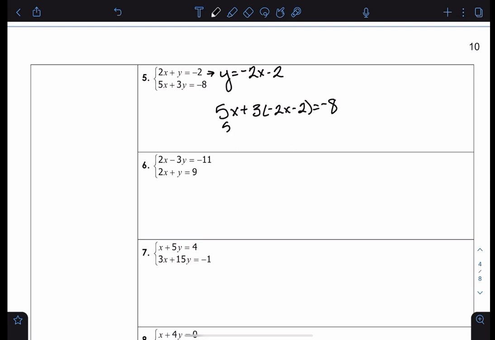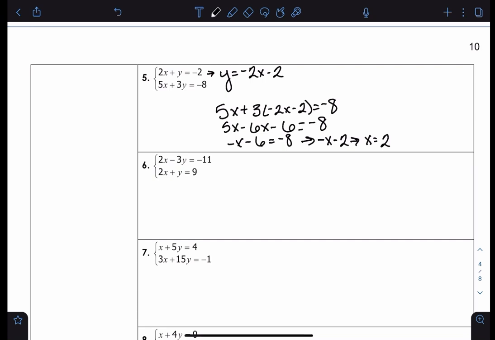This simplifies to 5x minus 6x minus 6, which will still be set to -8. Combining like terms will leave us with -x minus 6 equals -8. We will then turn this into -x equals -2, which means that x equals 2.